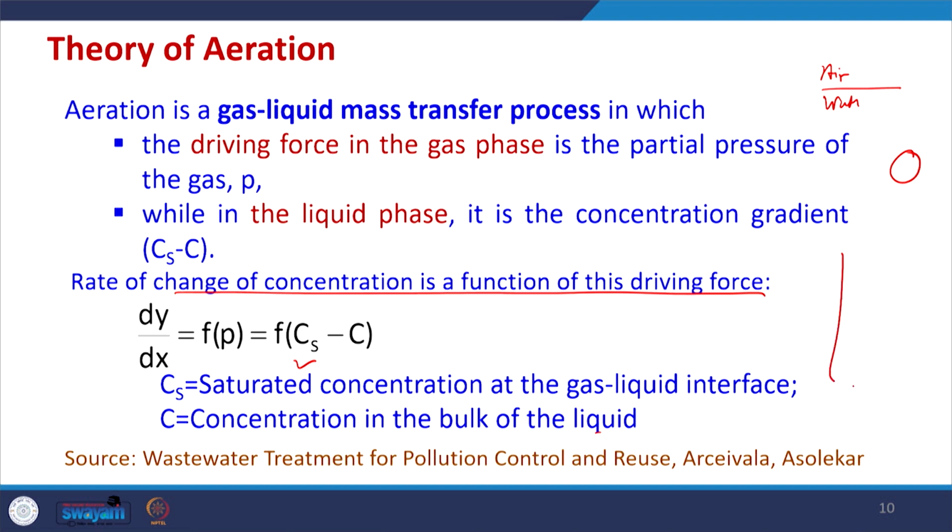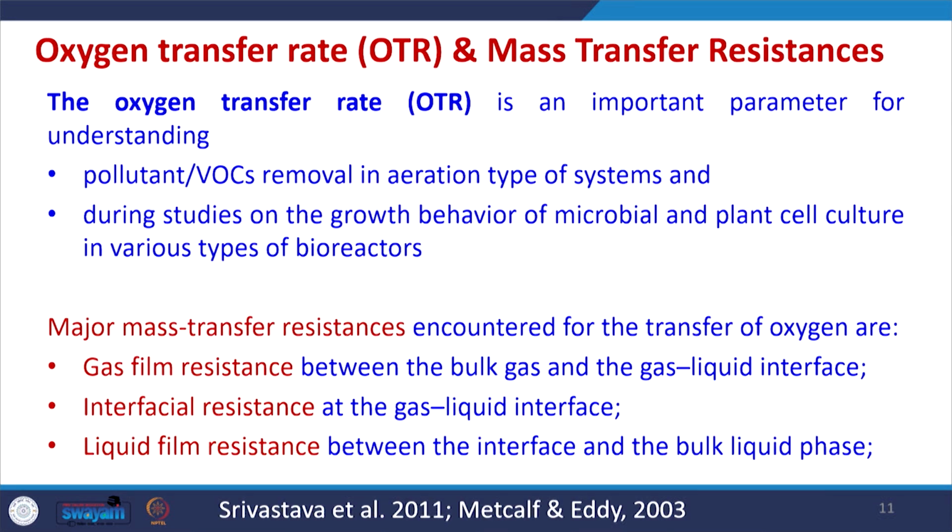So, suppose there is this beaker and we have an interface. What is the concentration here and what is the concentration at the interface? The difference between these forces the air to go inside the water. So, this aeration will depend upon this driving force, and this driving force is ultimately the partial pressure difference. Now, the oxygen transfer rate, this is OTR, and mass transfer resistance are essential parts of aeration theory.